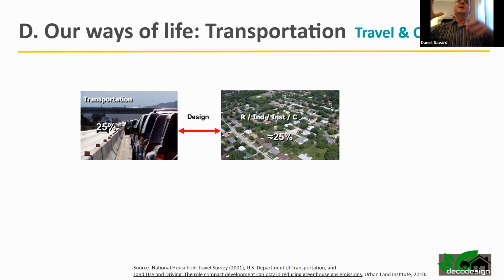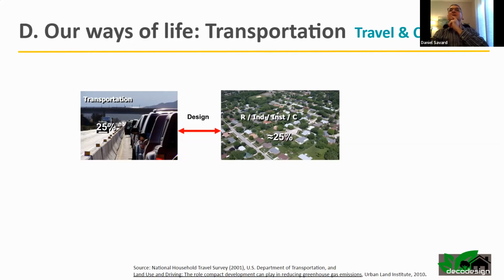Now, when we talk about all that, of course, there's something to do with transportation. And here, transportation is a huge subject. We're just at the beginning of talking about travel and commuting. Greenhouse gas emission, if you look at transportation in Canada, is roughly 25% created by transportation.